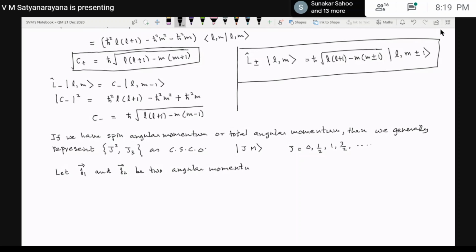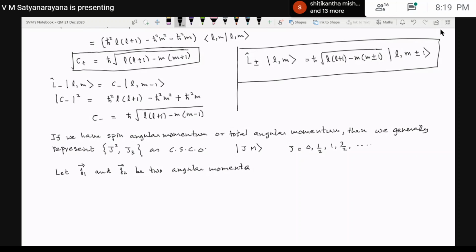I am now trying to be very general. Both can be orbital angular momentum, or one is orbital and one is spin, or both can be spin, or both can be total angular momentum also. So my analysis is very general here.